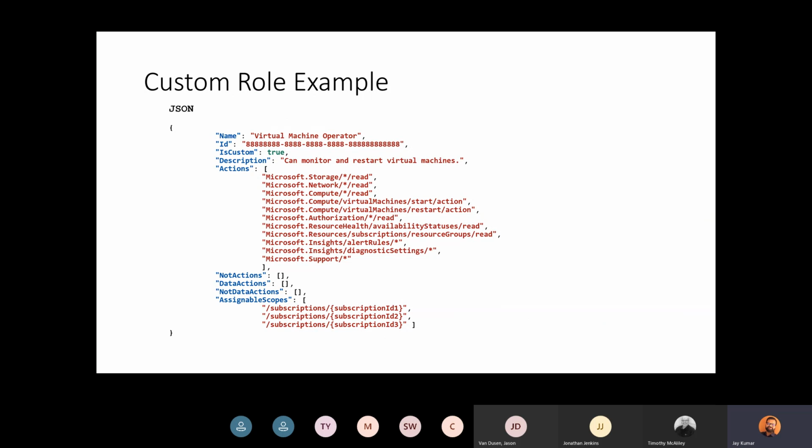The actions that can be allowed are the storage read, storage network read, virtual machine start, virtual machine restart, all kinds of things like that. And then no actions, you can also fill in the actions that are not allowed, and assignable scopes. And this means that this role can be assigned at a subscription level only.